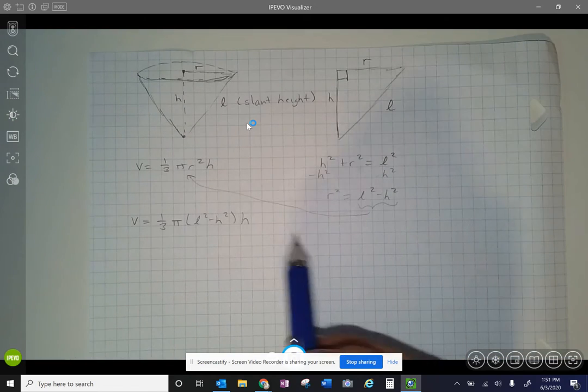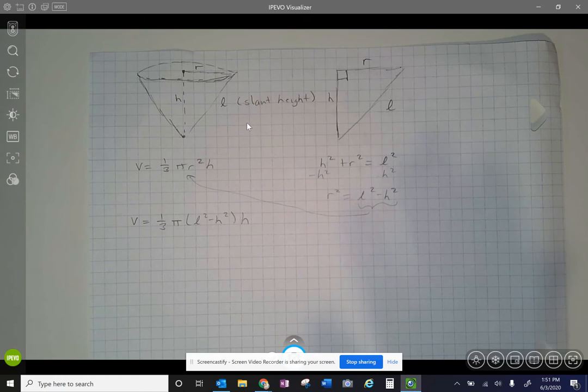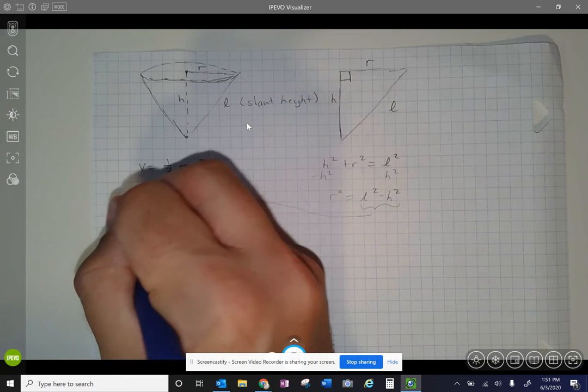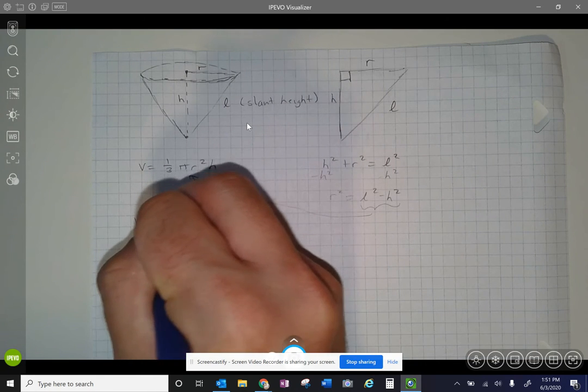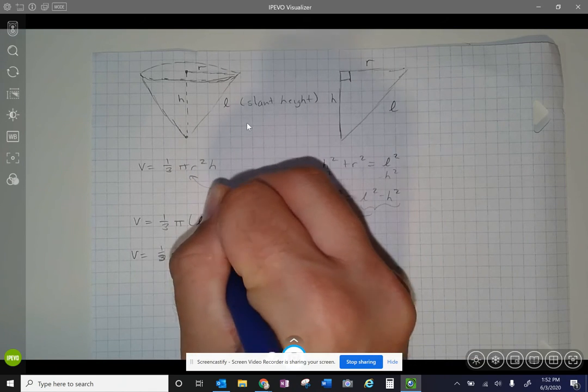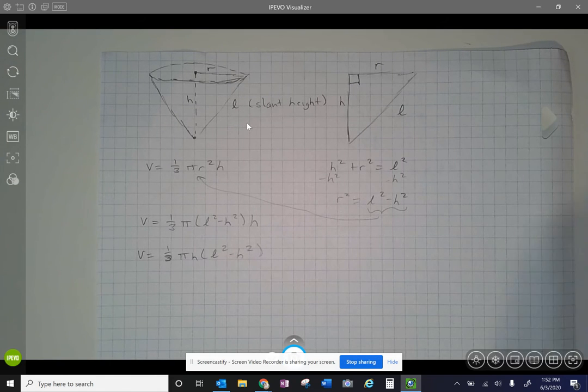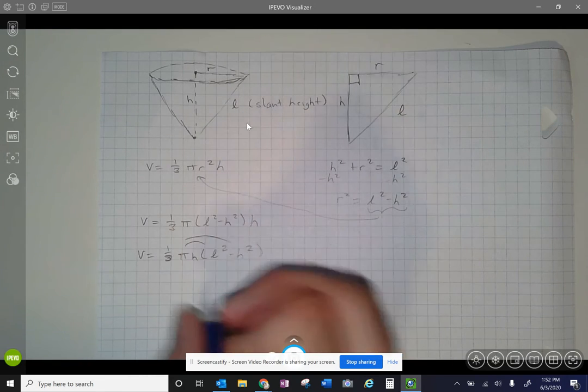So yes, you may see a variable here, but just know that that's a constant. They didn't tell us what it was, but it is a constant. The slant height is a constant. So I'm going to rearrange this a little bit: 1/3 pi h times (L squared minus h squared). And I'm going to distribute.